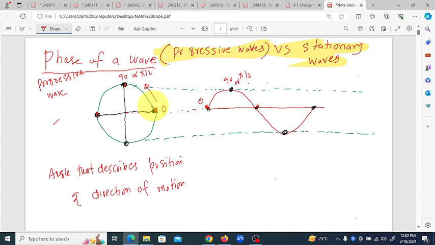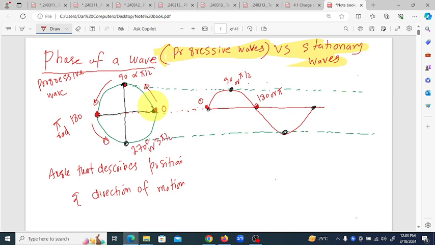Similarly, when this particle goes downward at this point, that is 180 degree or pi radian, so this particle on the wave also goes 180 degree or pi radian. For the next movement of the particle, the phase is 270 degree or 3 pi by 2 in radian.